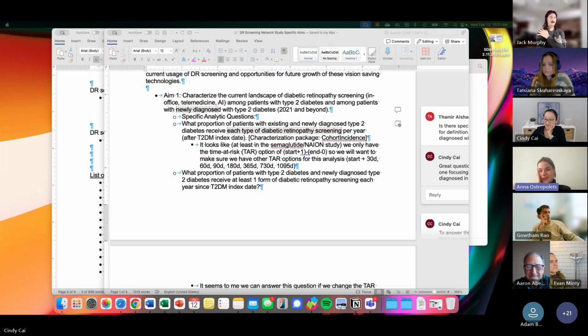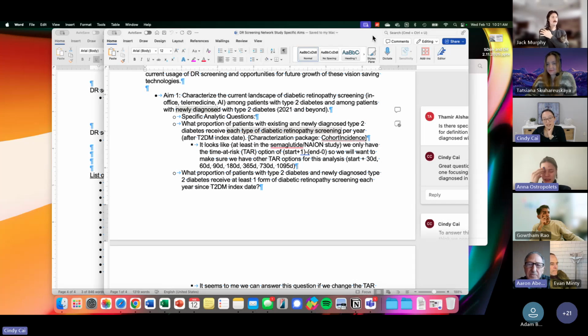I'm not fully convinced, but I acknowledge that this is a separate topic. Yeah, I think that will be partially helped by excluding patients with prior type 1 diabetes here. Thankfully, from a retinopathy screening perspective, all patients with diabetes type 1 or 2 are supposed to get screening. Right. Good point.